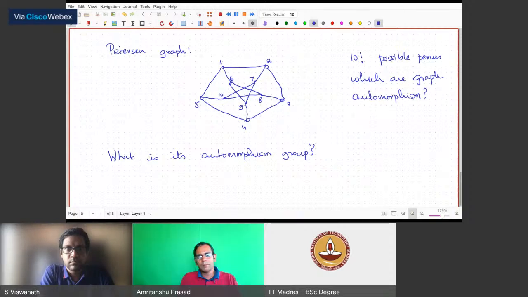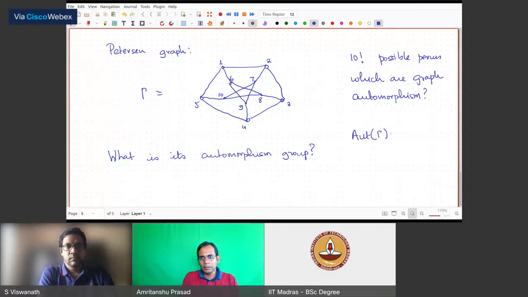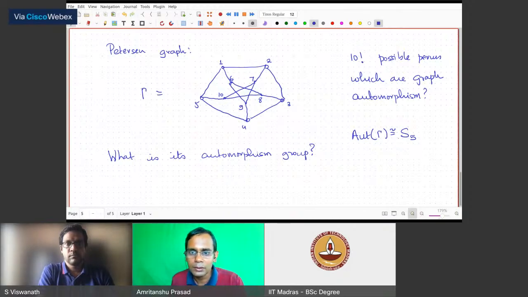Possible job, but let me try to convince you that the automorphism group of the Petersen graph is of order 120. The automorphism group, let's call the graph gamma. I claim that Aut gamma is isomorphic to the group S5. So this is of order 120, which is much smaller.